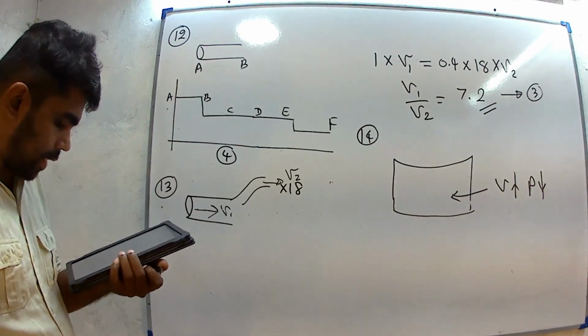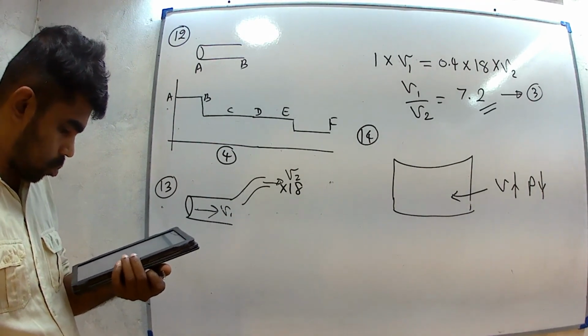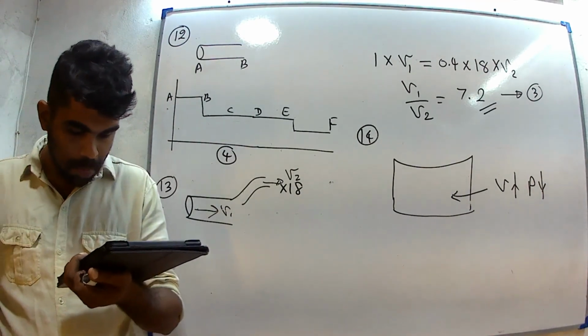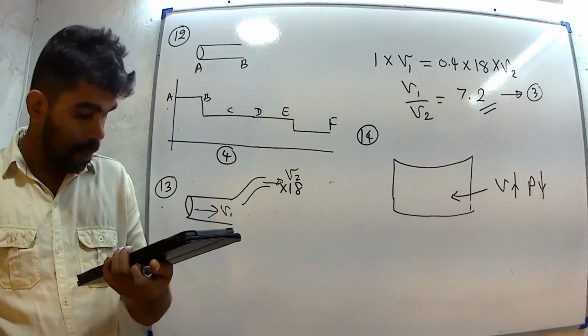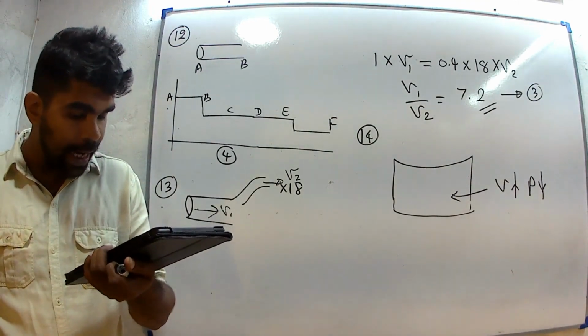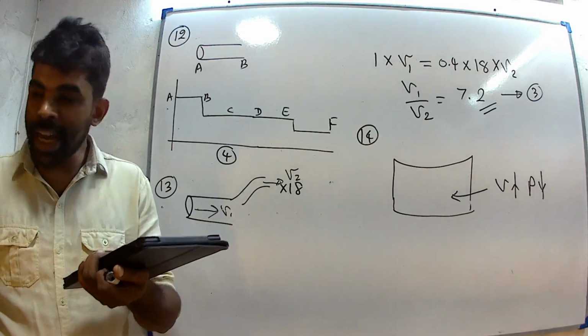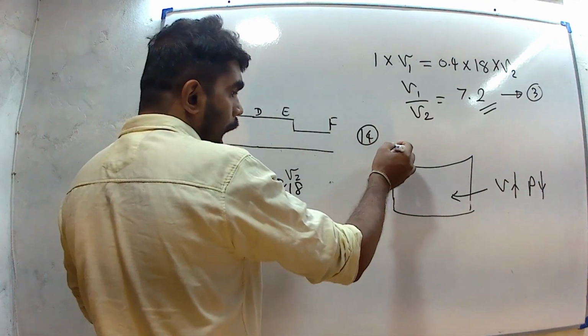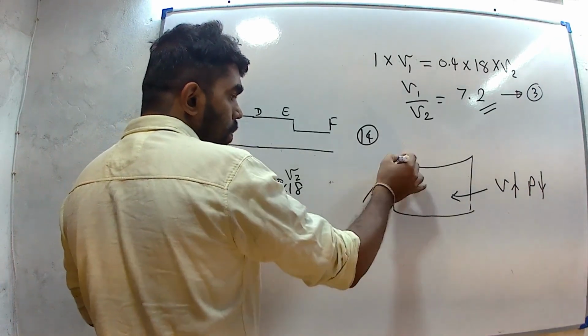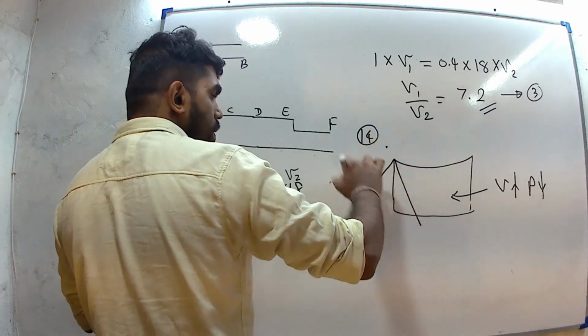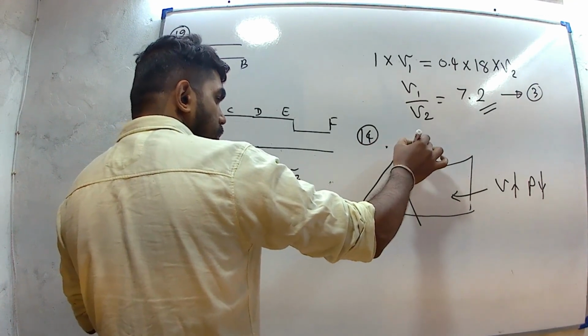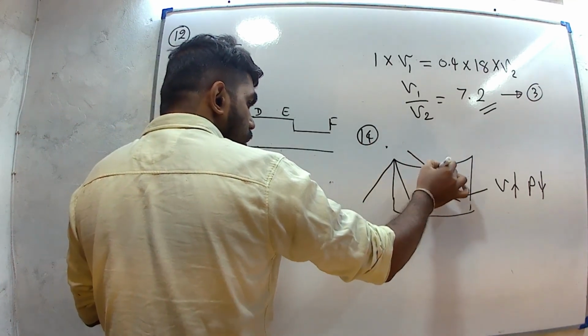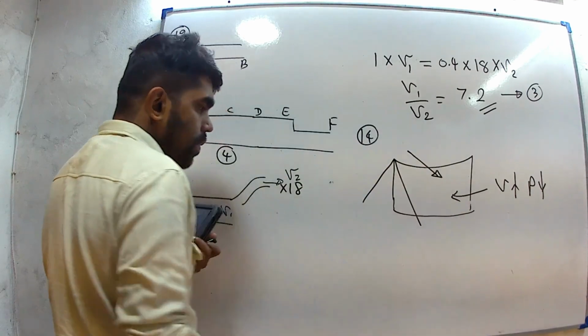Then we can get that the tension at A should be greater than the tension at B, because there is a high pressure on this side. The sheet will try to move in this direction.